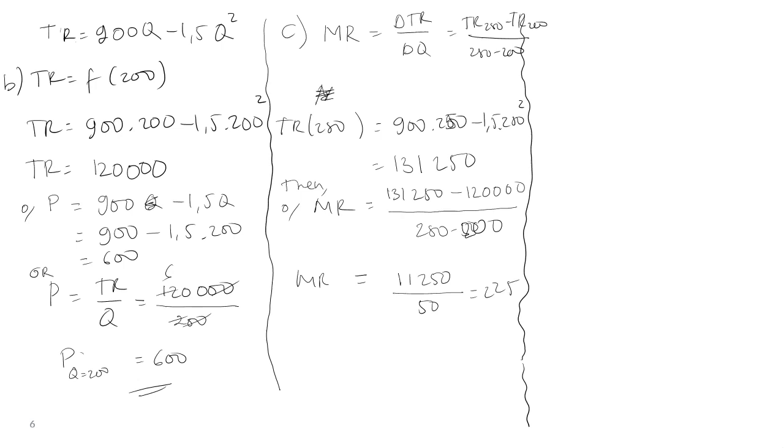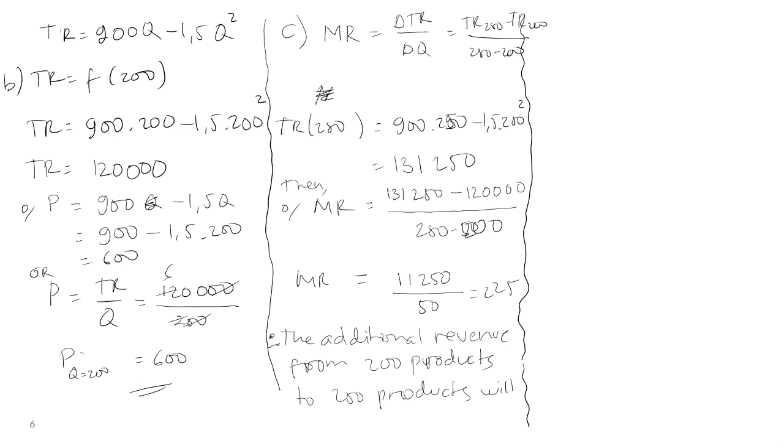So what does it mean? The additional revenue from 200 units to 250 units, not products, units, will give the additional revenue of 225.